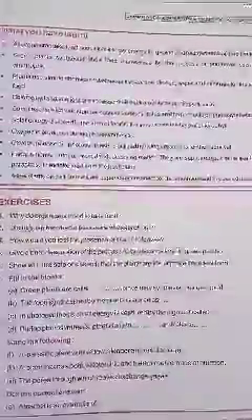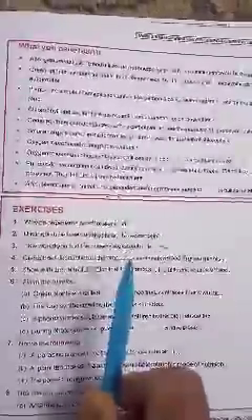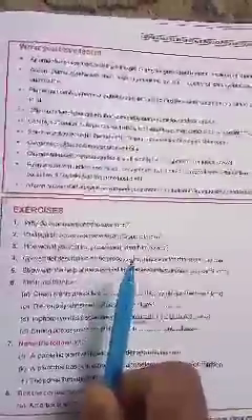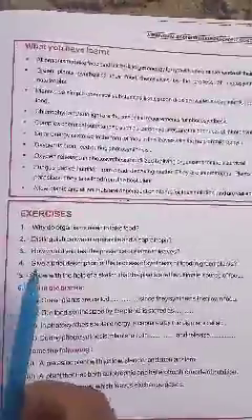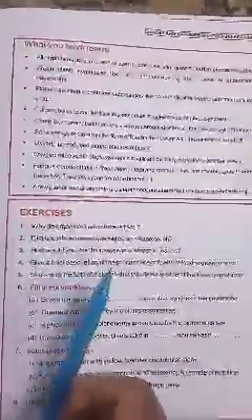When we remove this chlorophyll, then we have to add 2 drops of iodine solution. If the color changes to blue, that indicates the presence of starch in the leaf.